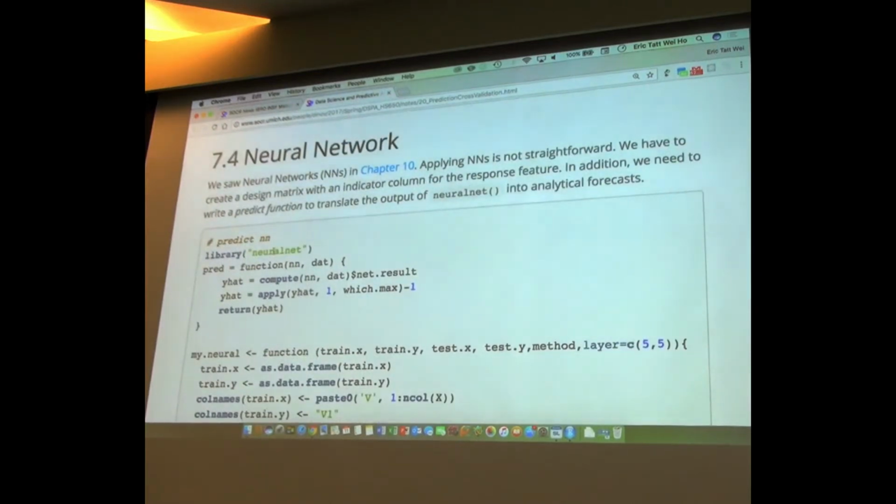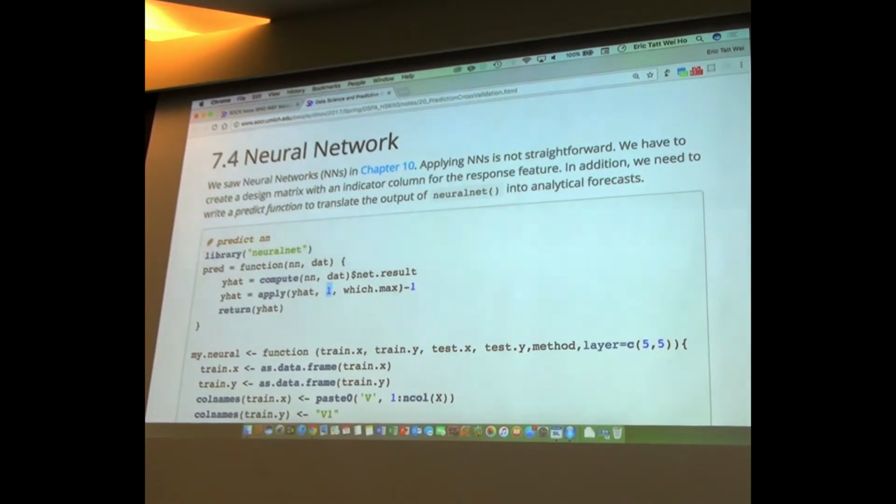Again, we're going to use the neuralnet package. And I'm going to define now a prediction function. And this is very useful because most of the time that's what you got to do. You define a prediction function that takes in the data set, computes the predictions, and applies these on the rows.